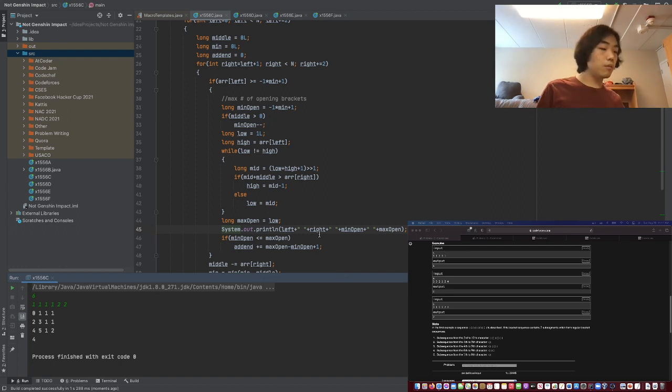So you're saying from 0 to 1, there's one way to do it. From 2 to 3. Wait. But I could do like 0, 1, 0, 1. Middle could be equal to this, but that doesn't mean that.